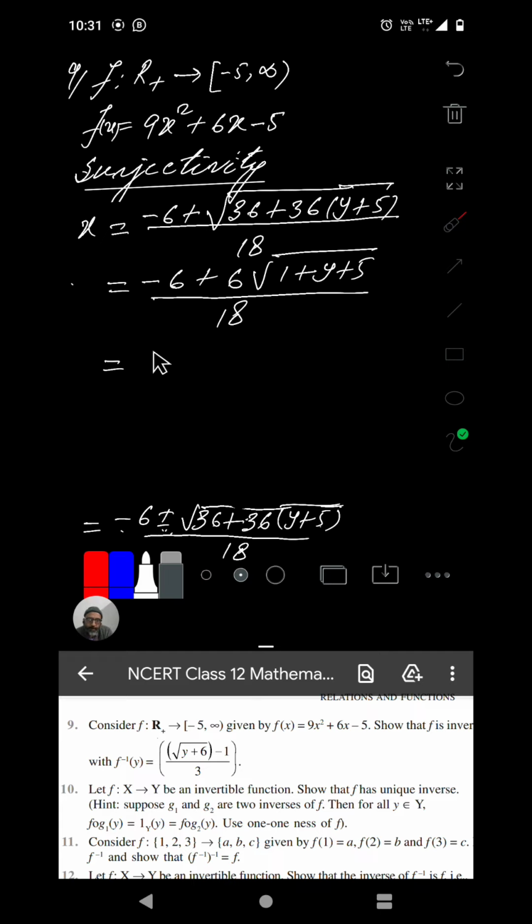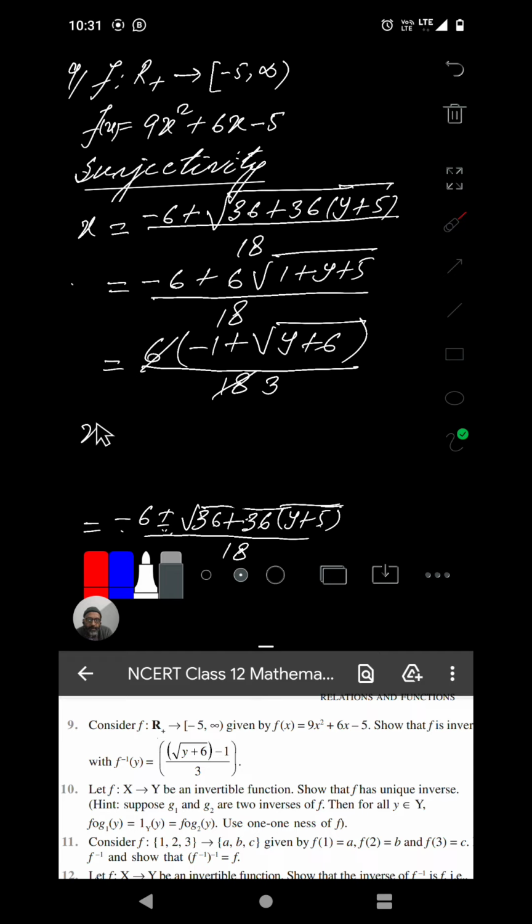So taking 6 common out of it, we have inside minus 1 plus under root y plus 6 upon 18. So 6 will divide 18 3 times.